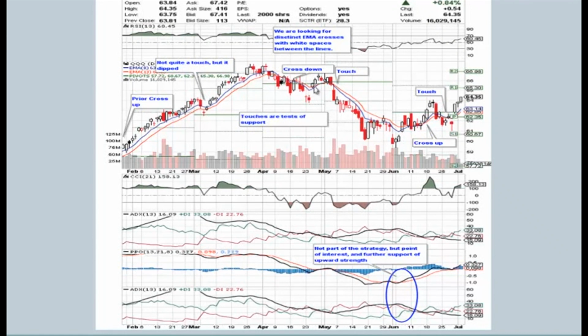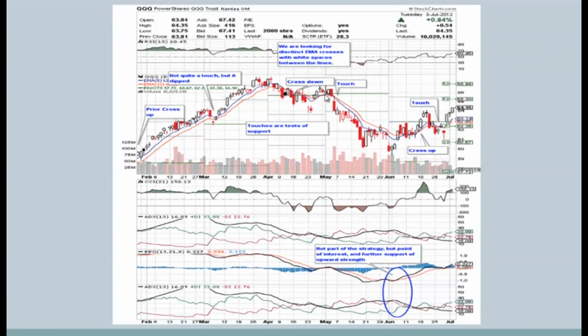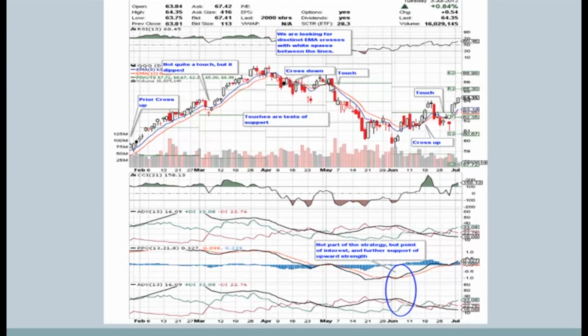Here we have an area that looked so much like it was going to cross up like this. We've had 3 strong candles, but it actually did not put any white space between the lines. This is almost like the PPO skid lines that I was talking about in the last DVD, where I believe that the 8 EMA probably did rise to just barely on top of the 13, but did not put any white space between the lines.